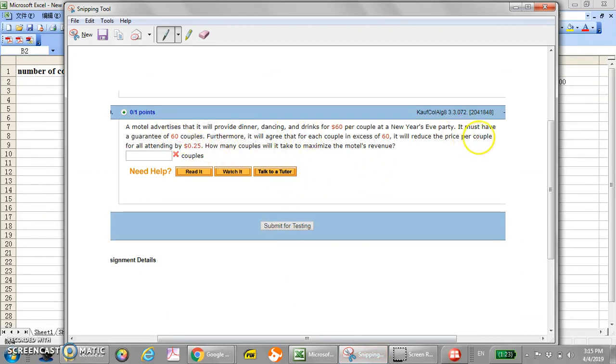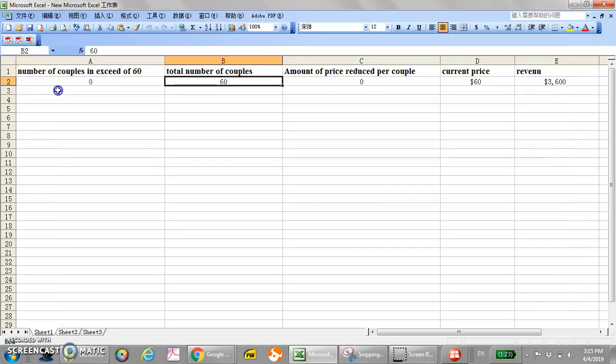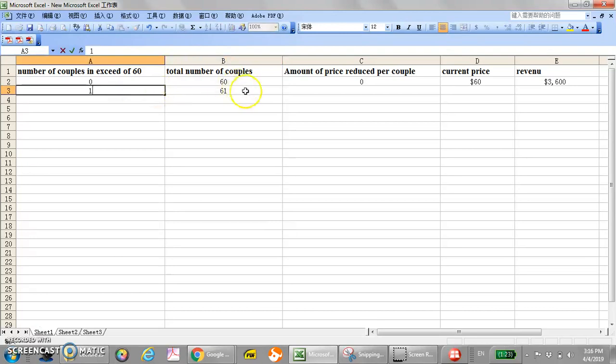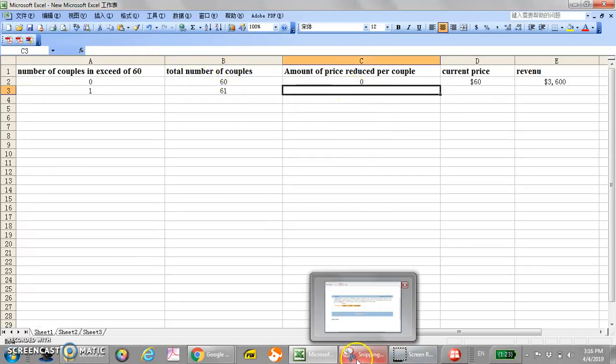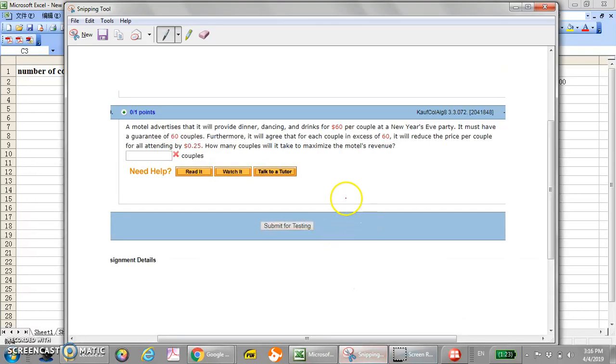Now let's assume we have 61 couples attending the dinner. Now the number of couples in excess of 60 is 1, one couple more than 60. According to what we are told, the motel will reduce the price for every couple by $0.25.